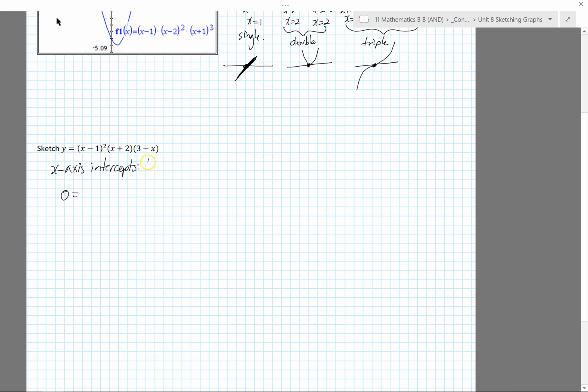Set y equals 0 and see what happens. Even when you just look at this function, you should be able to tell that there's going to be a double root here, because I've got x minus 1 repeating itself. So we'll find what all of these intercepts are.